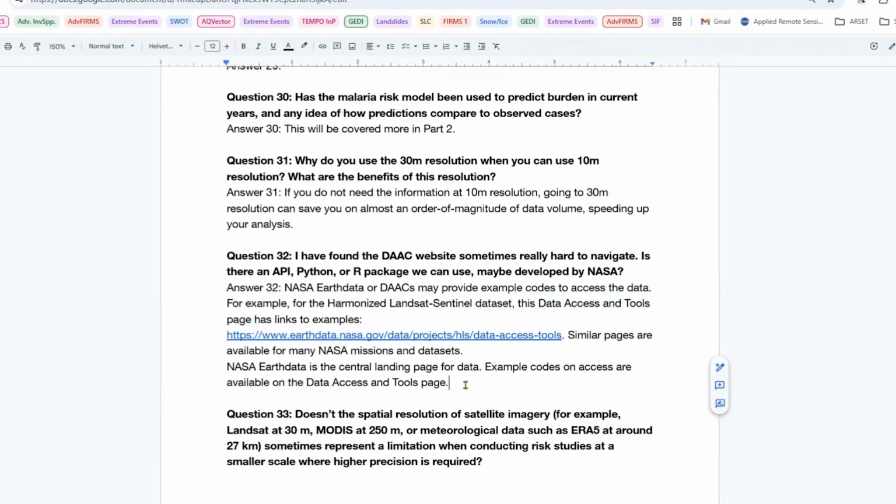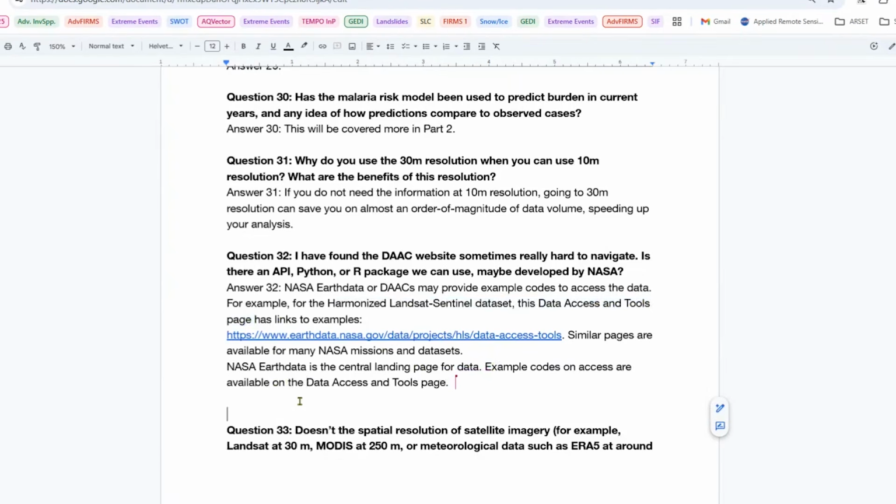Let me just refer to it myself. There's one link there that's a collection of R and Python scripts. There's another link to AppEEARS, the Application for Extracting and Exploring Analysis Ready Samples. This is an online tool for subsetting and downloading data.